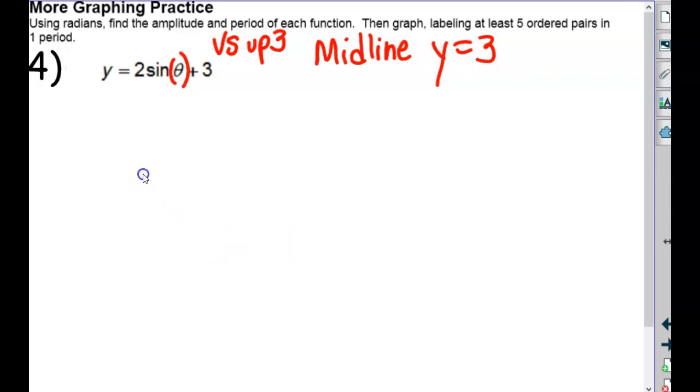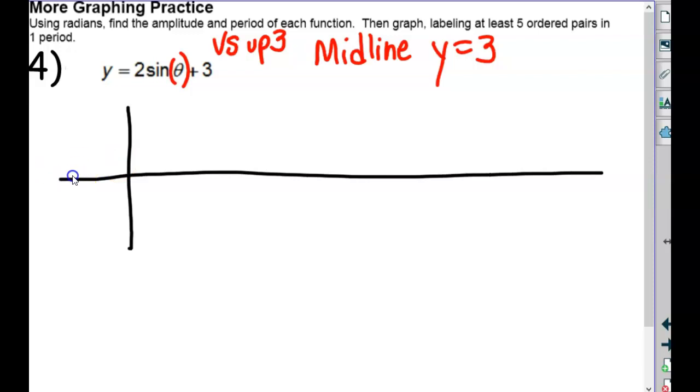Now, there's two ways you can do this. You can relabel this line right here, y equals 3, instead of y equals 0. I'm actually kind of a fan of drawing the midline up here, but you can just relabel the middle one.